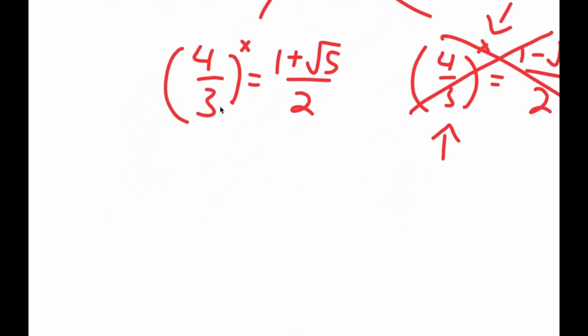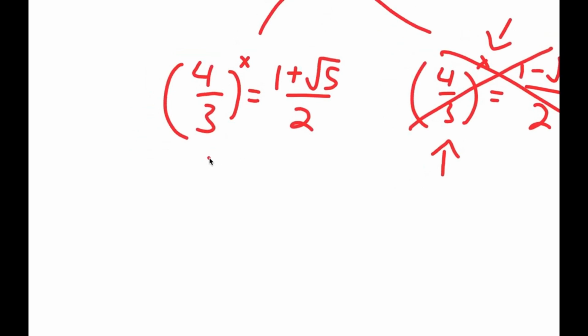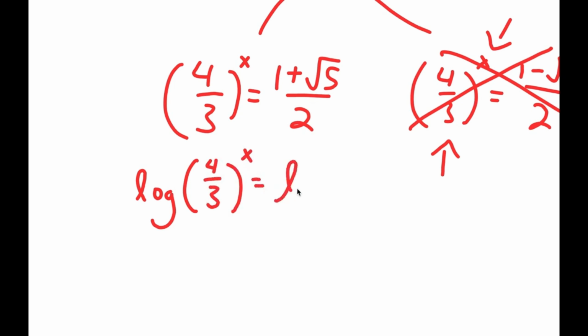So to solve this equation, what I'm going to do is start by taking the log on both sides. So I get log 4 over 3 to the power of x is equal to log 1 plus the square root of 5 over 2.